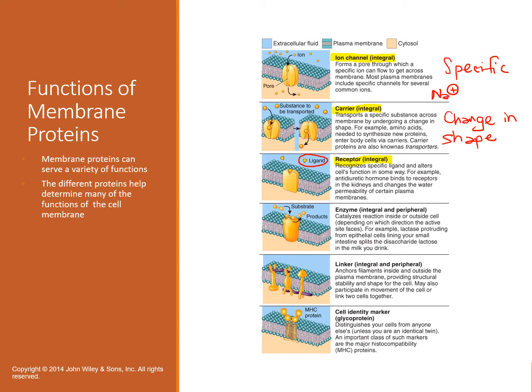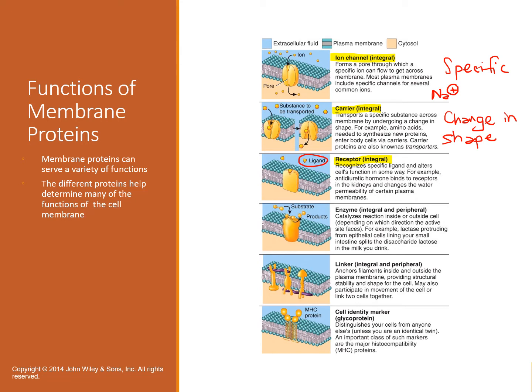An example used in the textbook is that an antidiuretic hormone will bind to receptors in the kidneys, and it changes the water permeability of certain plasma membranes so that you're going to produce more water in your urine or less water in your urine according to how many receptors are targeted.